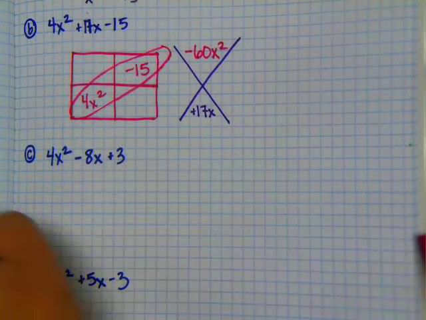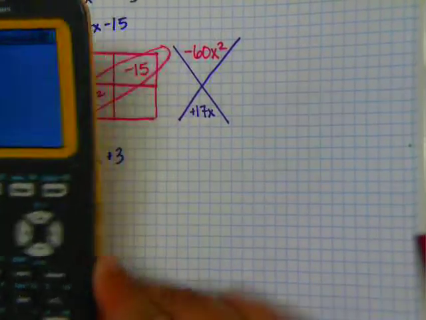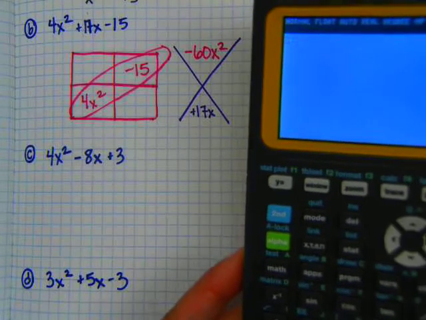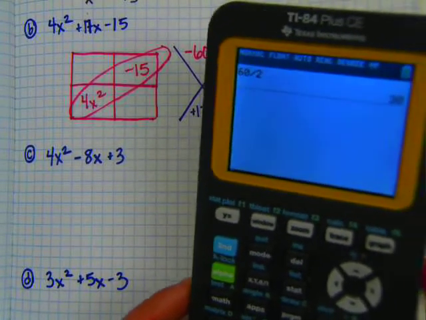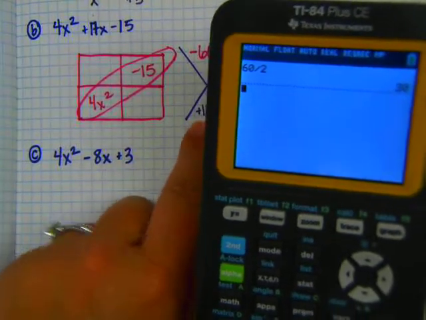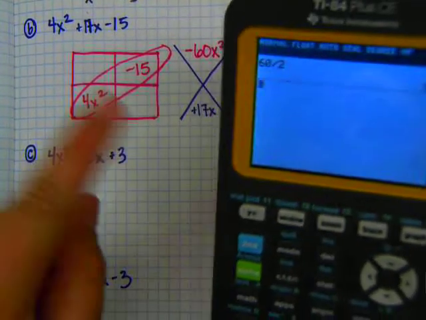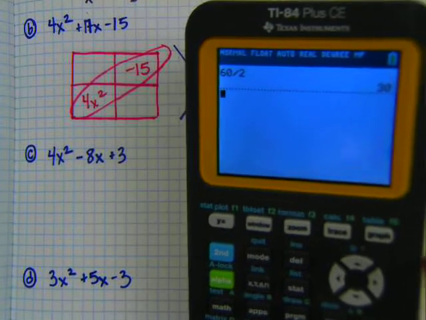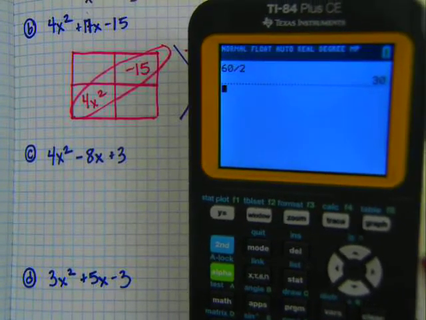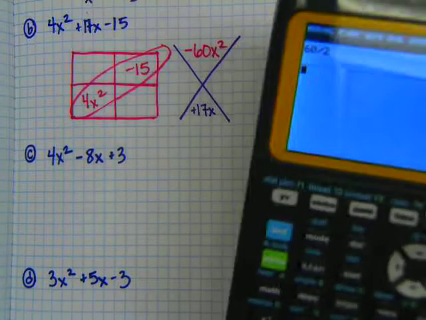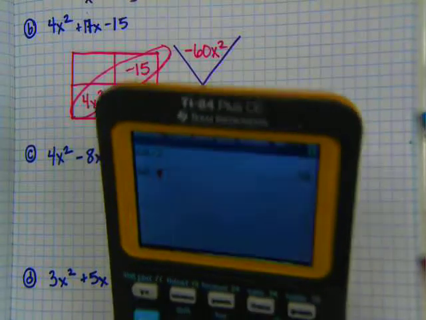Now that's pretty hard. So what I like to do is just have my calculator here and I say, okay, what multiplies to 60? Well, if I divide 60 by 2, I get 30. Can I make a 17 using a 30 and a 2? No, because 30 minus 2 is 28. 30 plus 2 is 32, so that doesn't work. Okay. What about 60 divided by 3?